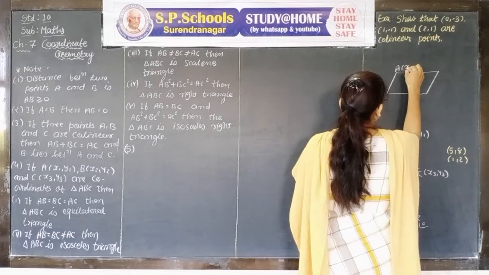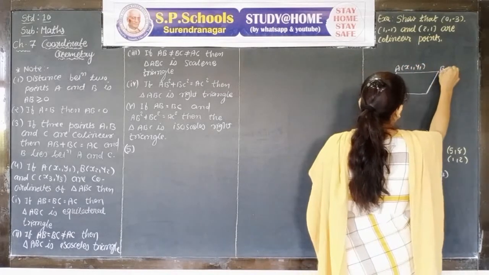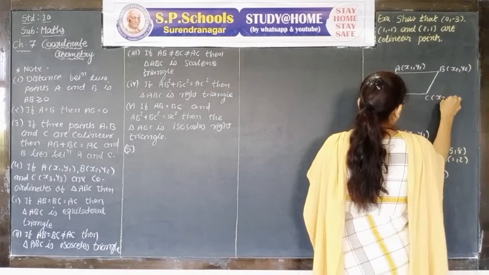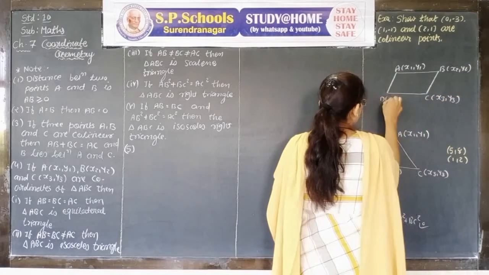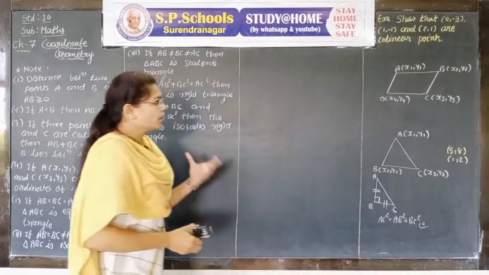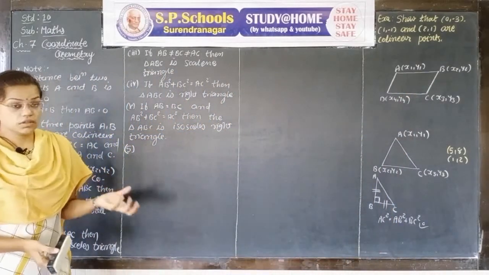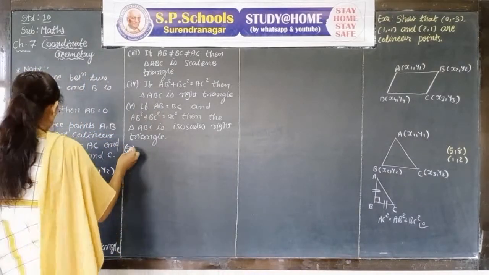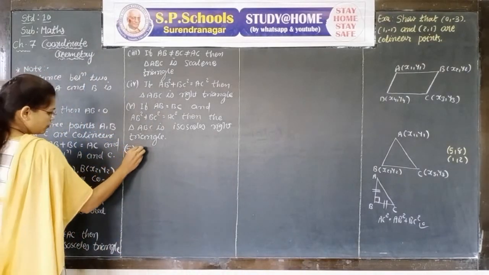Suppose A (x1, y1), B (x2, y2), C (x3, y3), and D (x4, y4). As we know, a quadrilateral has different types of characteristics.